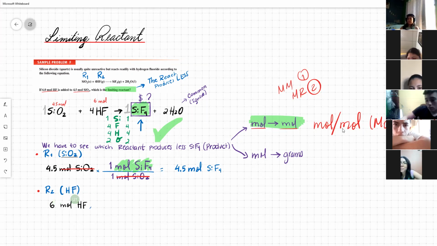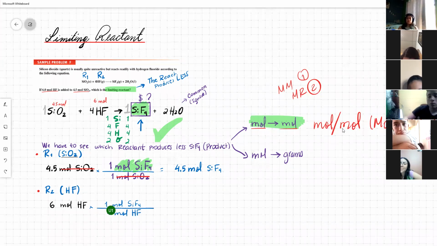Now, what is the molar ratio that I'm going to use that relates hydrogen fluoride and the unknown, silicon tetrafluoride? 1 mole of silicon tetrafluoride over 4 moles of HF.